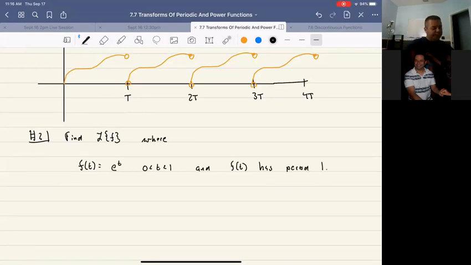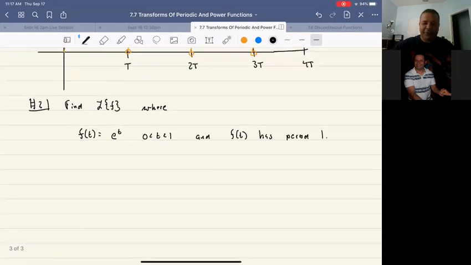This one's actually easier. Not easy, but easier than finding the inverse, which we'll see later. So the Laplace transform of f equals F sub T of s divided by 1 minus e to the negative Ts.